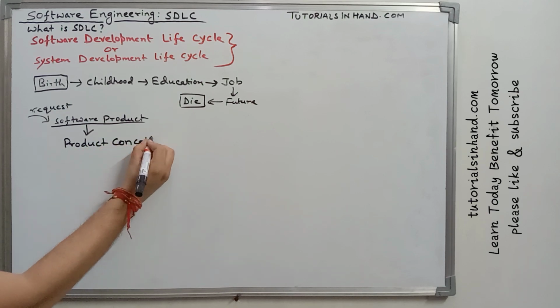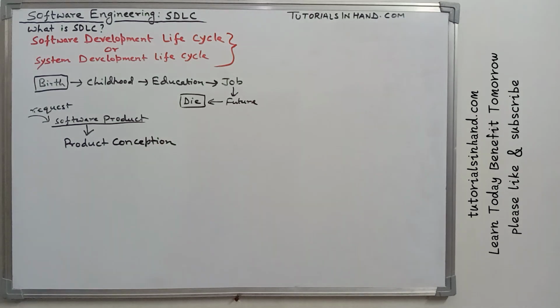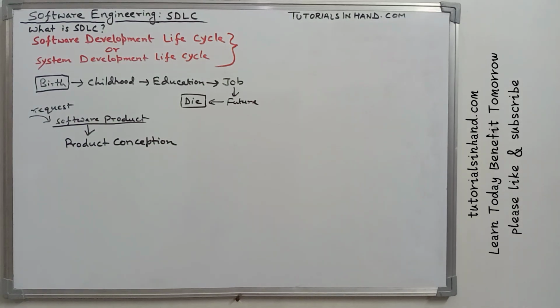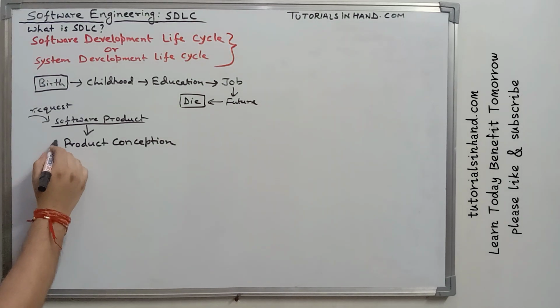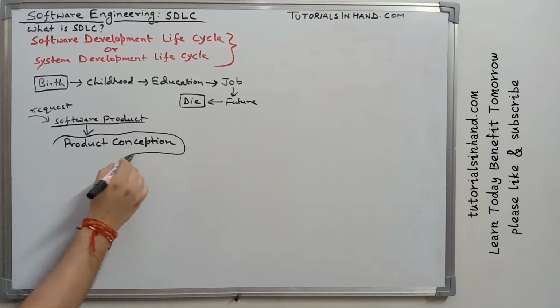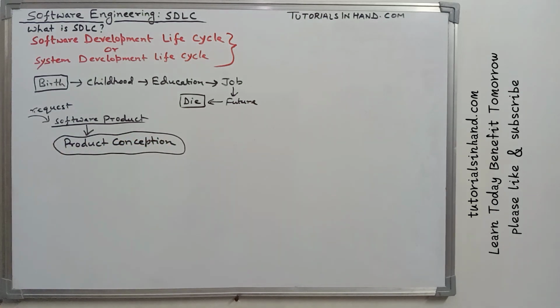Remember this keyword, conception, product conception. This is the first step that occurs. That means every software product starts with a request for the product by the customer, and that is called product conception. So this is the starting point for the software product.